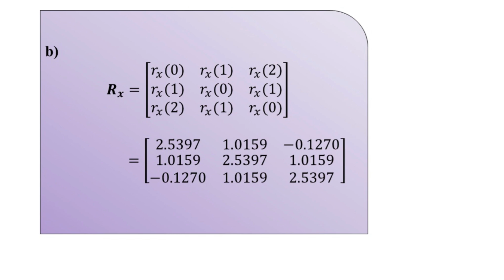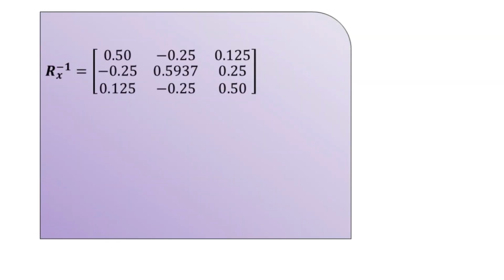Now for this autocorrelation sequence matrix, if we determine the inverse of the same, which we can denote by Rx inverse, we obtain again a 3 by 3 matrix. The first row values are 0.50, minus 0.25, 0.125. The second row elements are minus 0.25, 0.5937, minus 0.25, and the third row elements are 0.125, minus 0.25, 0.50.